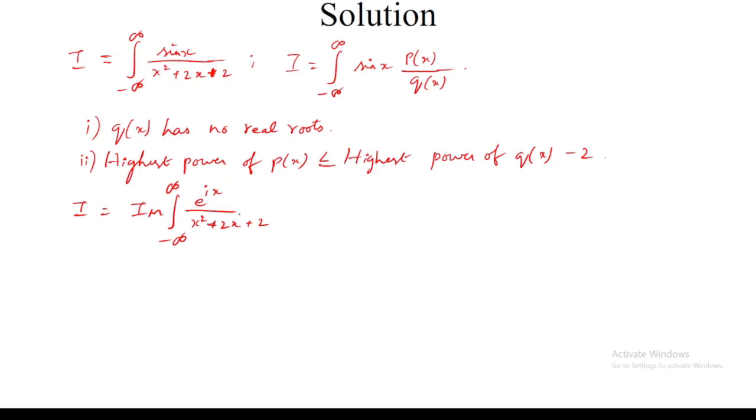For example, if the question had given cos x instead of sin x, then we would write the real part of e power ix. Since in the question it is sin x, I am going to write the imaginary part of e power ix, since e power ix can be written as cos x plus i sin x.